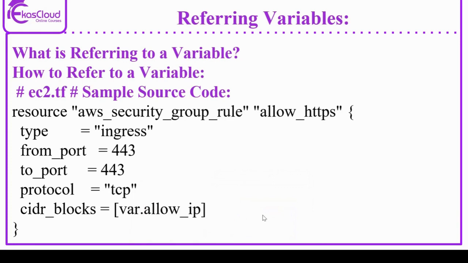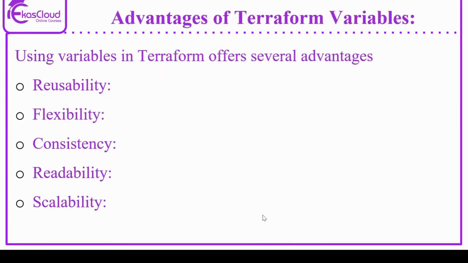After changing this, before executing, I'm going to explain the advantages of using Terraform variables. Using variables in Terraform offers several advantages. First one is reusability. Parameterizing configurations with variables promotes code reuse across multiple resources or environments.